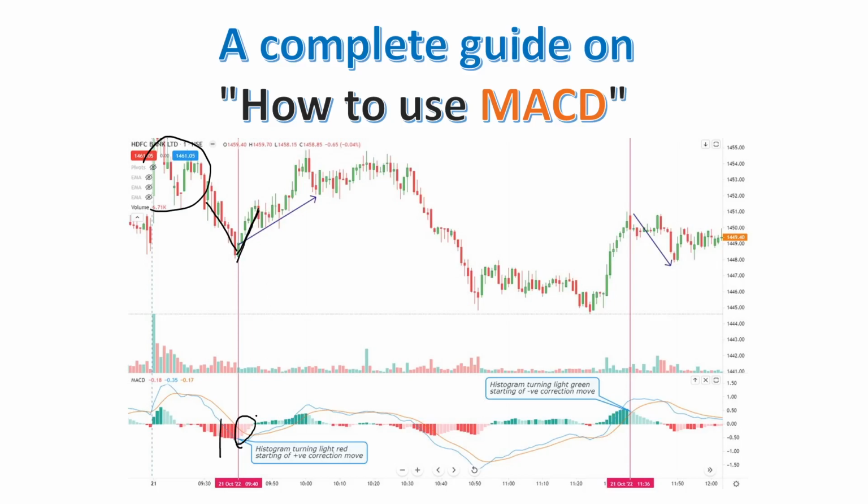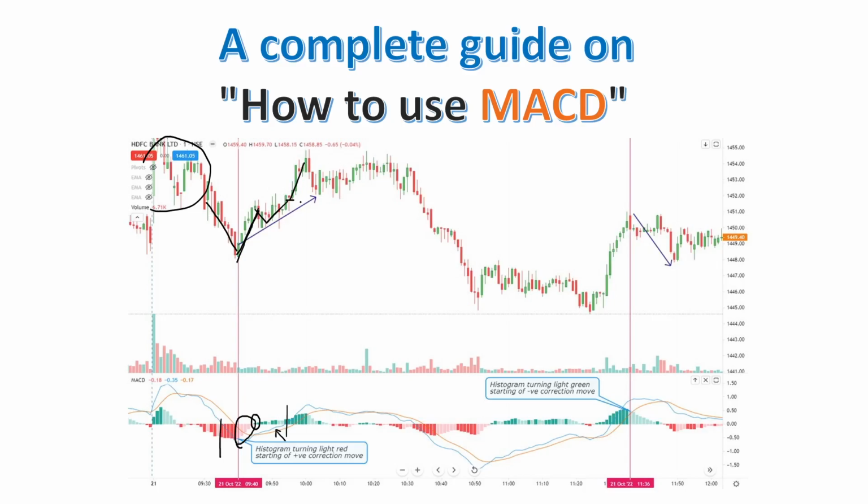When you see the MACD turning dark green, but you see the signal lines are still below the zero line, it indicates the correction is still in phase and the correction has not yet completed. But as soon as we see this particular line getting above the zero line, we can see the trend has actually changed from a primary trend negative to a primary trend positive.